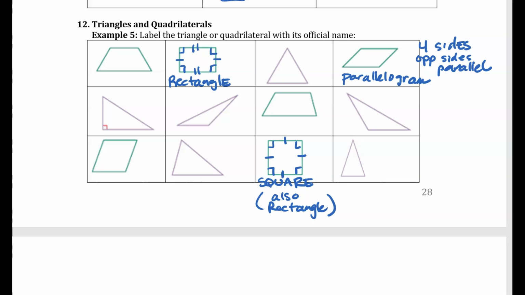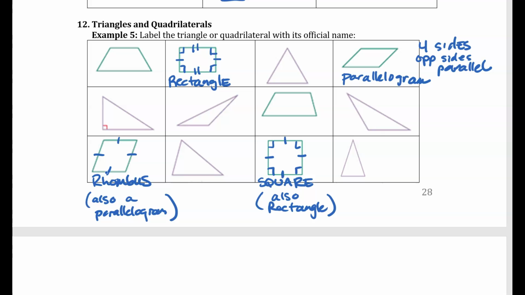And a rhombus, which is down here on the lower left, also has 4 sides where opposite sides are parallel, so it's also a parallelogram. So rhombus is a special type of parallelogram where all of the sides are the exact same length. So just like a square, a rhombus is a parallelogram. It's just a special type with a more specific definition.